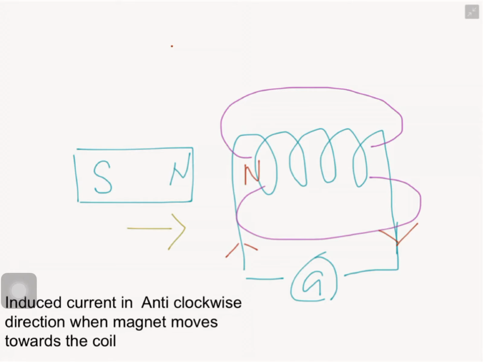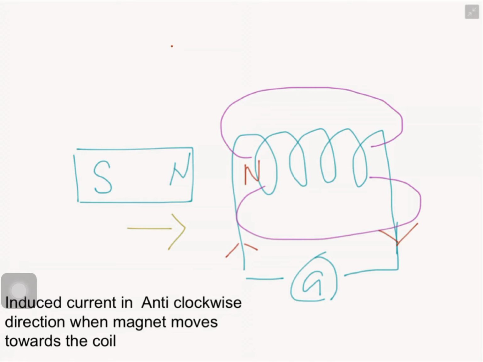That means the north pole of the bar magnet moves towards the coil. What happens? The north pole of the bar magnet is pushed towards the closed coil, so the magnetic flux through the coil increases.